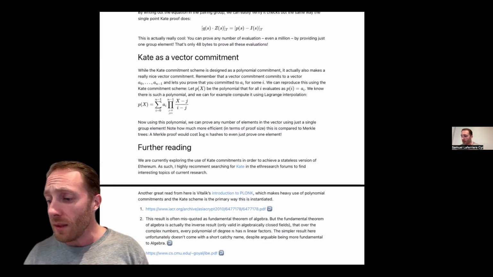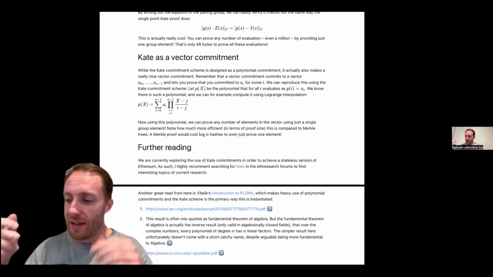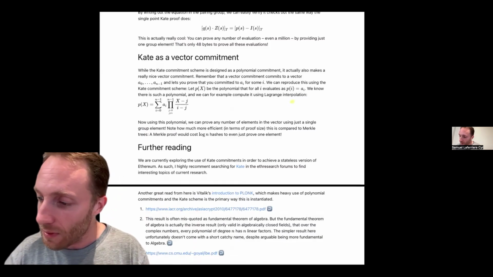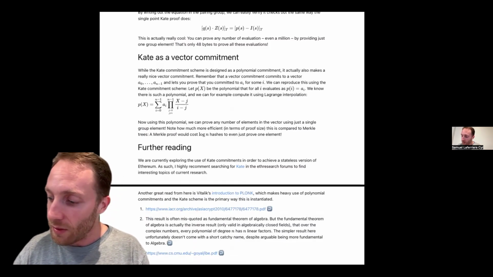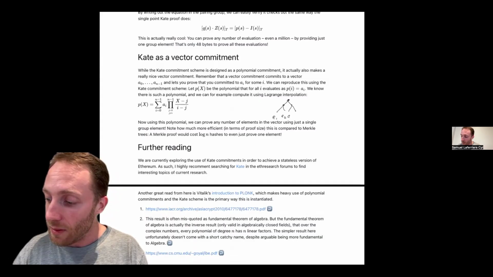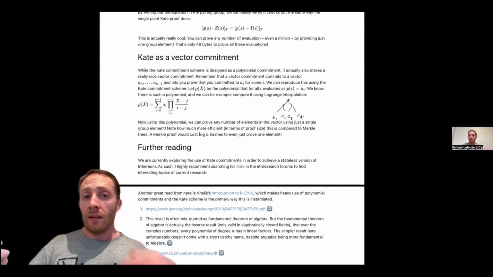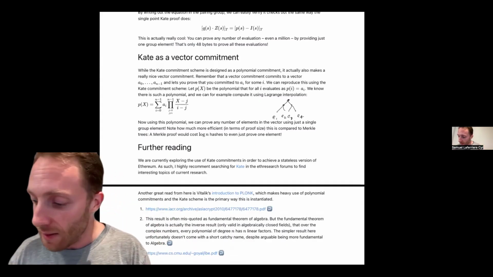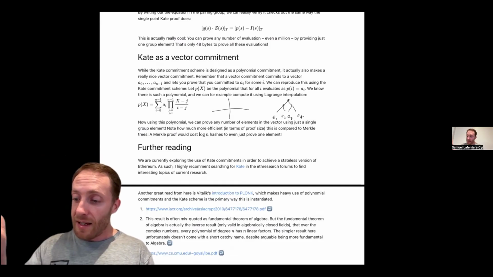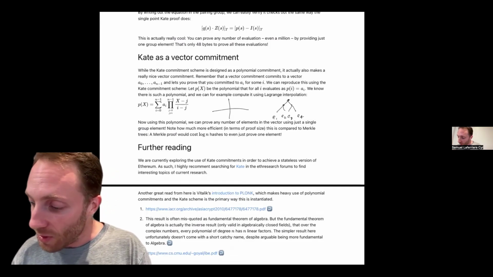The way that you do this is, let's say I want to replace a Merkle tree that I had with a vector, E1, E2, E3, E4. Then I just construct a polynomial which, at any points that I choose, so what does he say here?